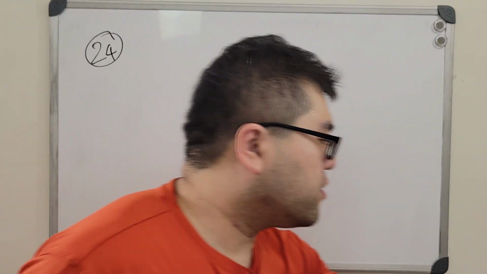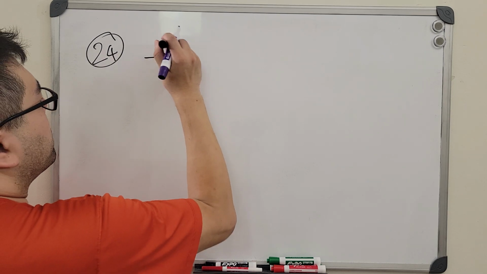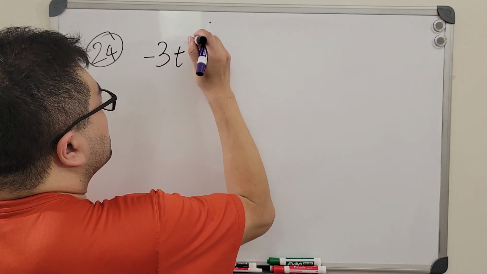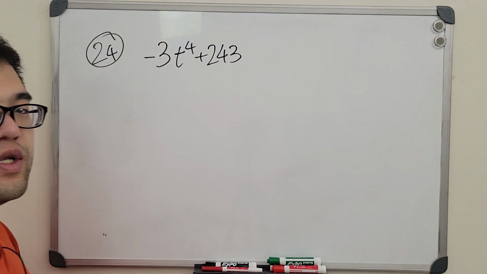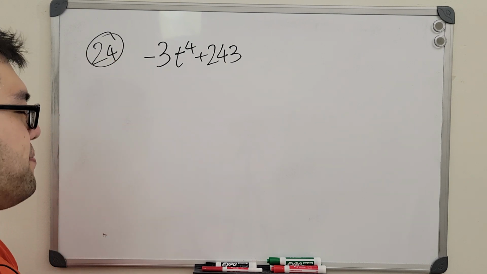Problem 24. We have negative 3 times t to the 4th power plus 243.